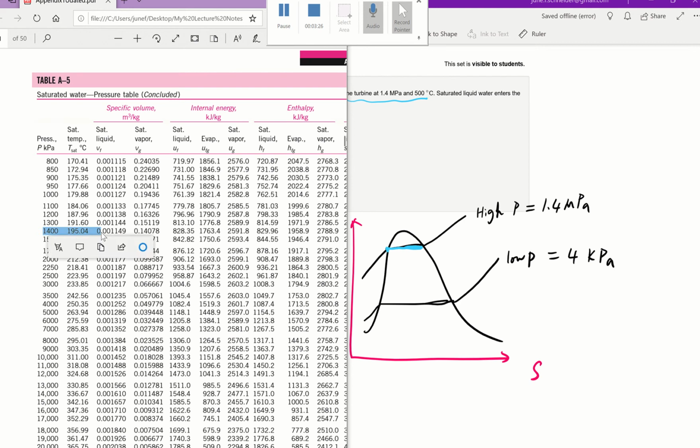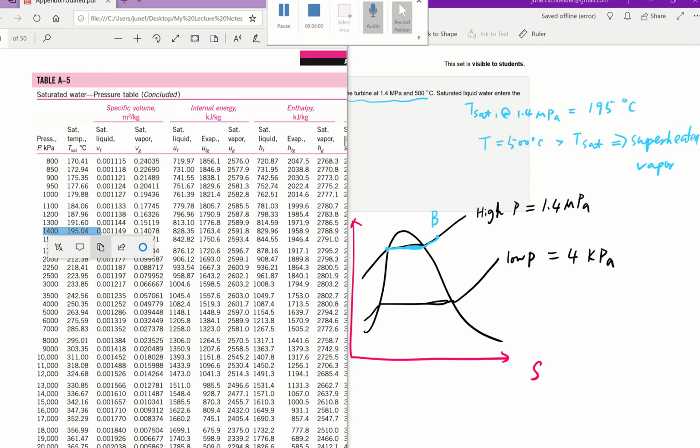The saturated temperature is 195, so we can write it down. T sat at this 1.4 megapascal is 195 degrees Celsius. However, our temperature is 500 degrees, way greater than our T sat. So what does that mean? That means it is superheated vapor. So it's a superheated vapor, and it's going to be somewhere here. That's going to be our B.